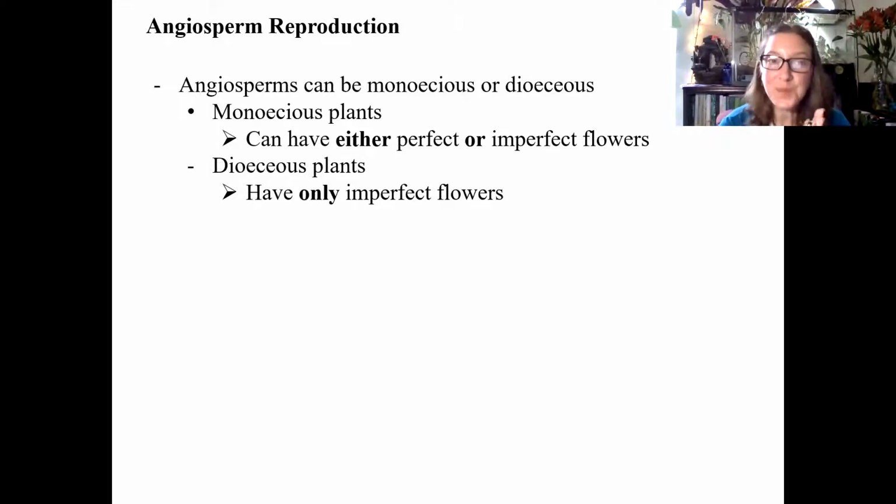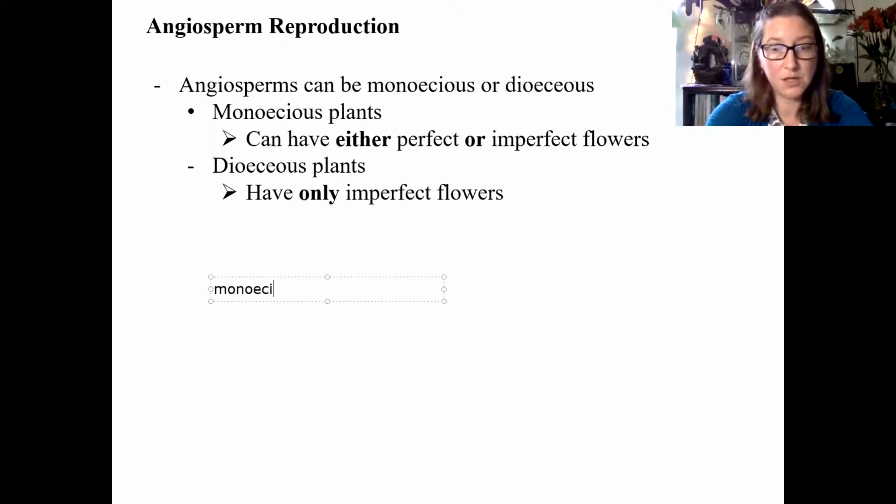Okay, so back to angiosperm reproduction. Angiosperm plants can be either monoecious or dioecious. Monoecious meaning that the plant... So I'm gonna write this real quick, just in case we're not all on the same page.